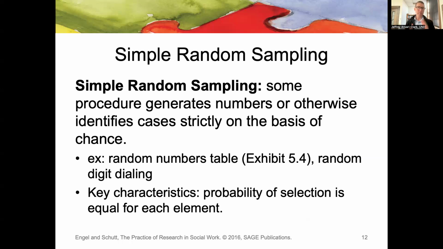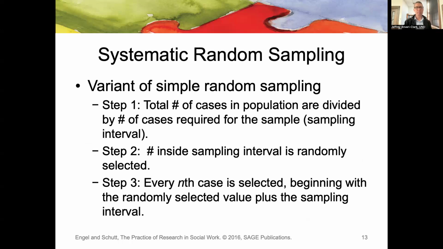Or we could use a random number table, which is Exhibit 5.4 in your book, or you can do random digit dialing if you're reaching out, these kinds of things. And so the probability that a person would be selected is equal from one person to the next.